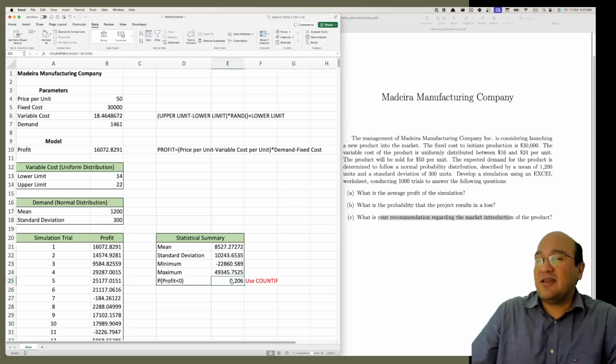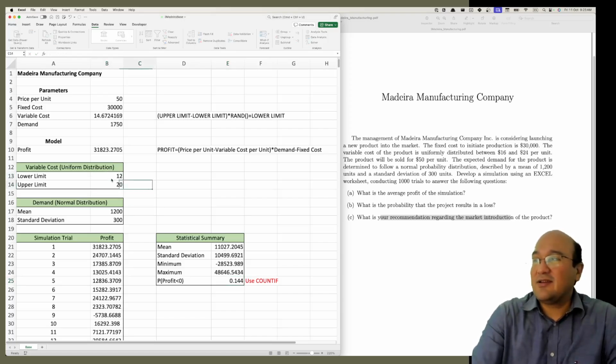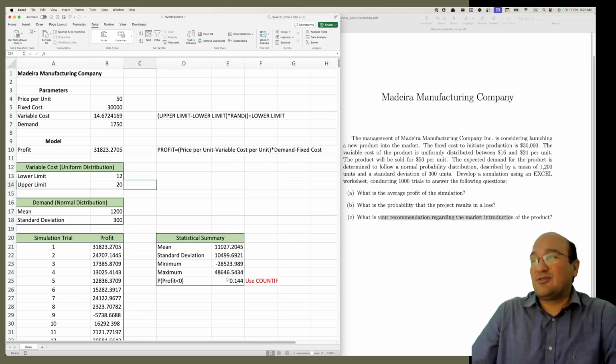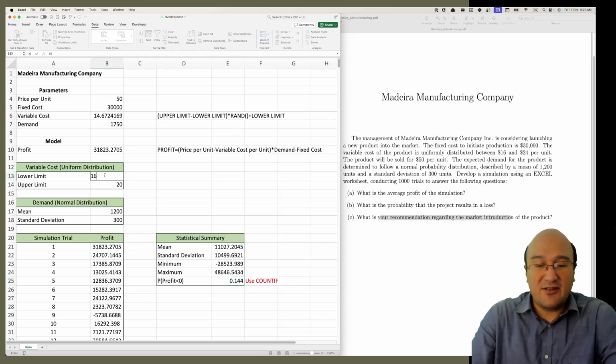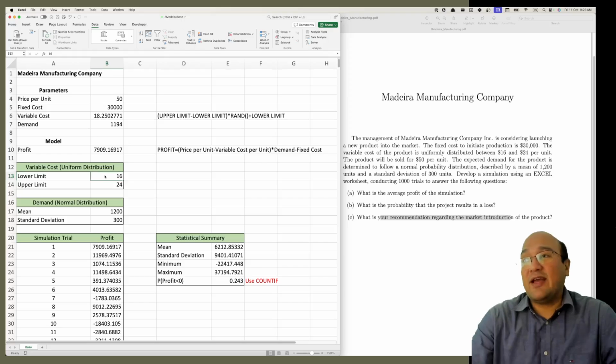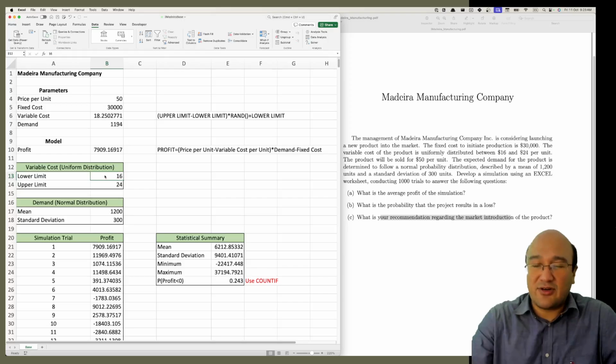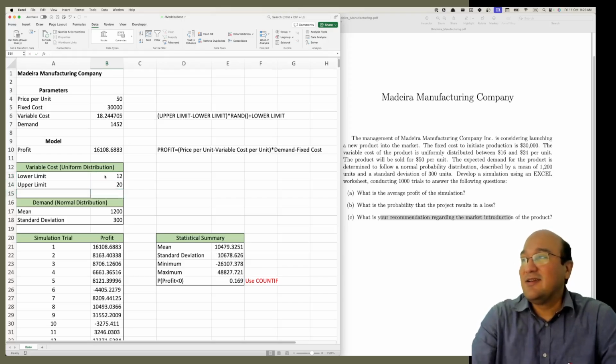the probability of loss improves to 0.20. Let's try with 12 and 20. Now it's way better, 0.14. Of course, we have to see if we could reduce that variable cost from initially 16 to 24 down to 12 to 20, right?